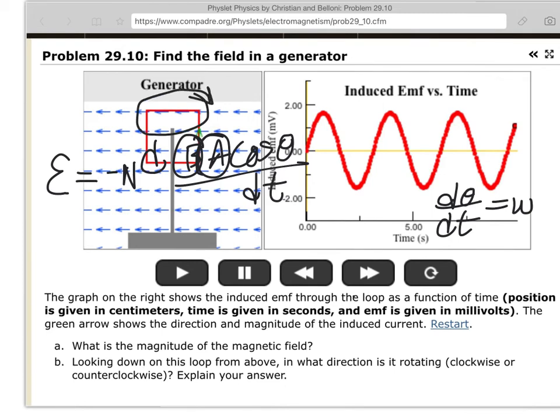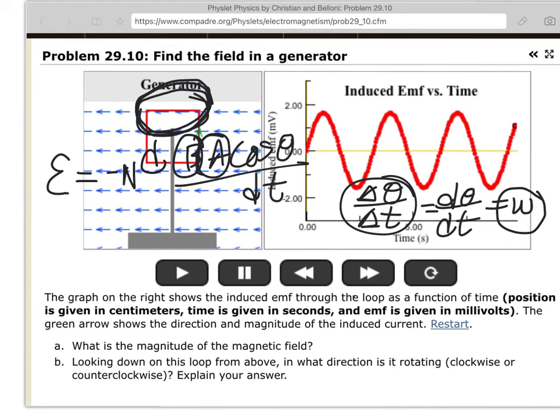Wow, that's a lot. But it really pulls in what we learned last semester. Think about this. This coil is spinning with a constant rotational velocity, and that's what omega is. And remember, delta theta delta t was omega average from last semester, and the d theta dt is omega. And omega is a constant value. So how do you get the constant value? Well, you just take 2 pi radians, the one complete rotation, and divide it by the period.